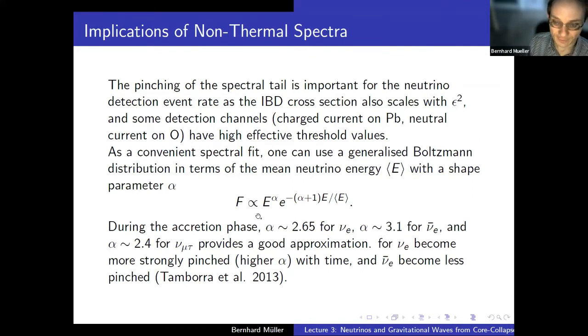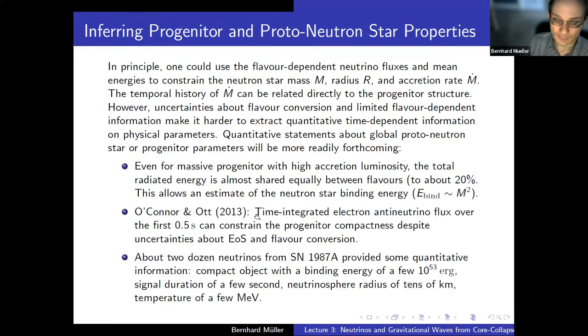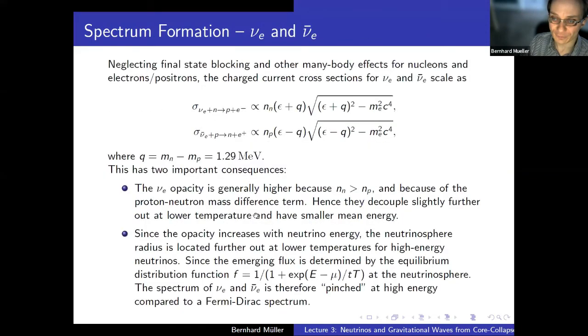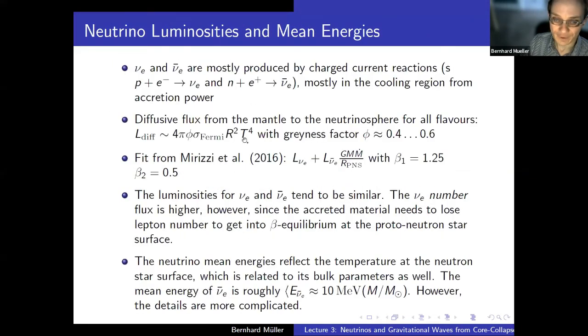Now, what can we actually learn from the neutrino signal? That's really the question that we want to answer. Well, in principle, based on what I told you before, the neutrino luminosities as well as their mean energies are related to the neutron star surface temperature.